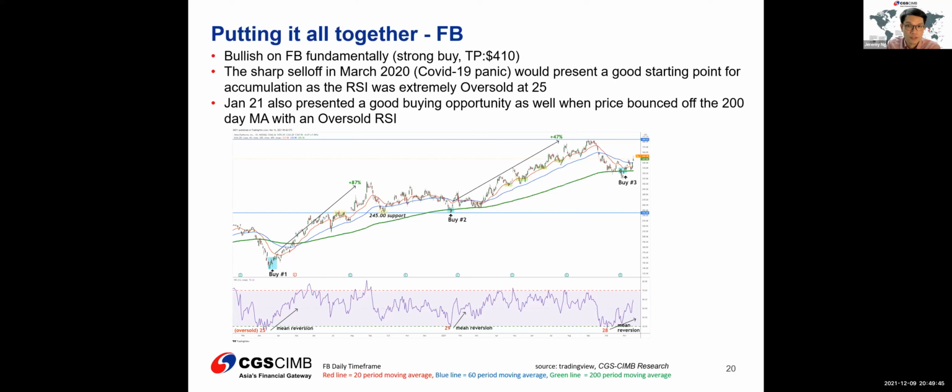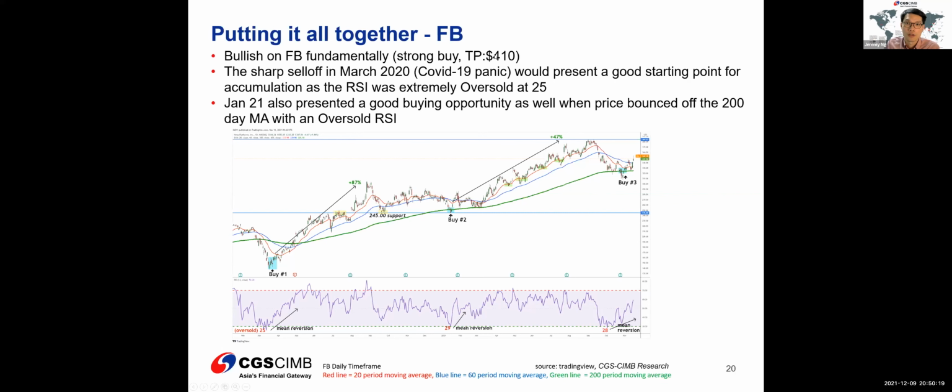For this stock, if you are an investor who is already rather bullish on Facebook, because you are also bullish on this new wave of the metaverse theme, which will likely be the next Internet of Things moving forward for the next 5 to 10 years, and you still believe that Facebook will be relevant and the market leader then, then we would use TA to identify a good buying opportunity. In this case, our US research partner continues to have a strong buy rating on Facebook, with a target price of $410.